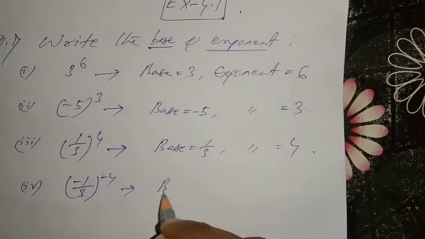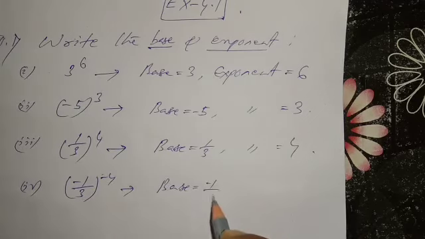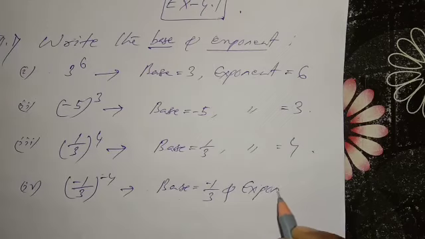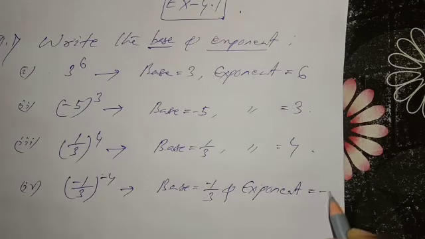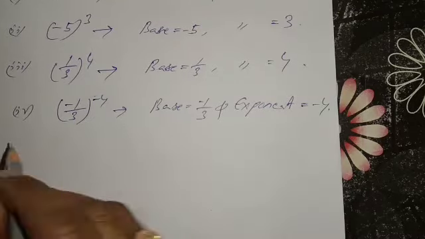The base is equal to minus 1 by 3, and exponent is equal to minus 4. This is a basic concept. Just for final revision, I am doing one by one. One from one book, another new book.